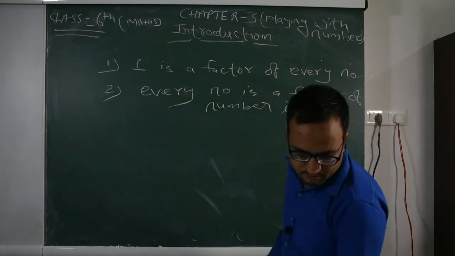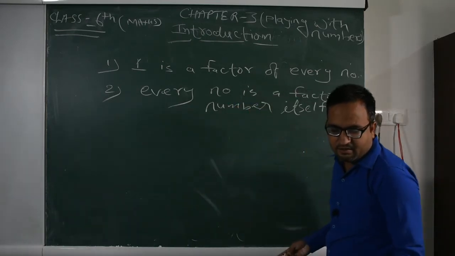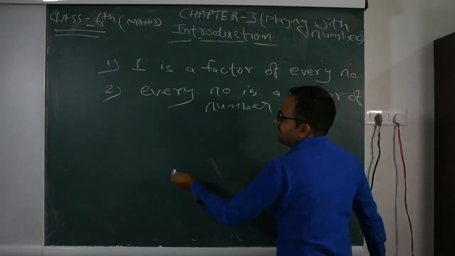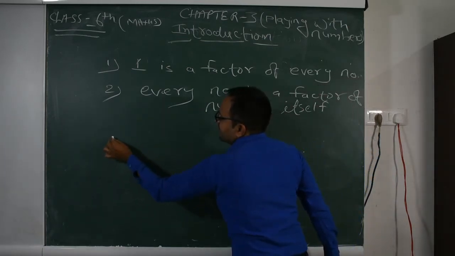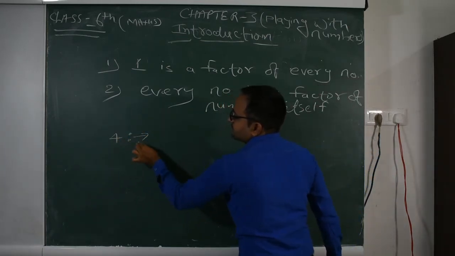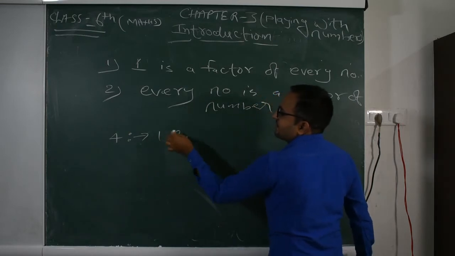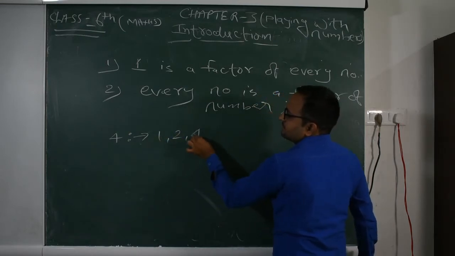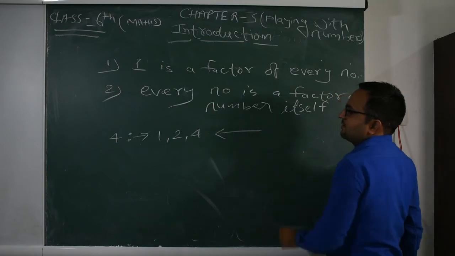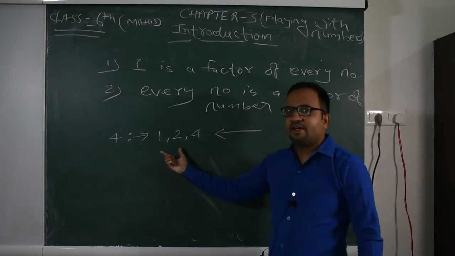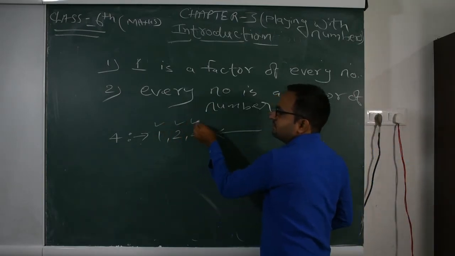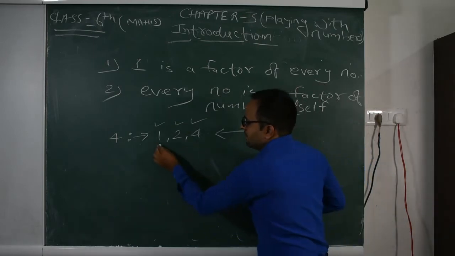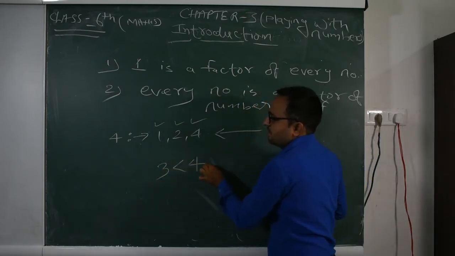Now the third rule is every factor is less than or equal to the given number. That means if we find the factors of 4, how many factors? 1, 2, 4.